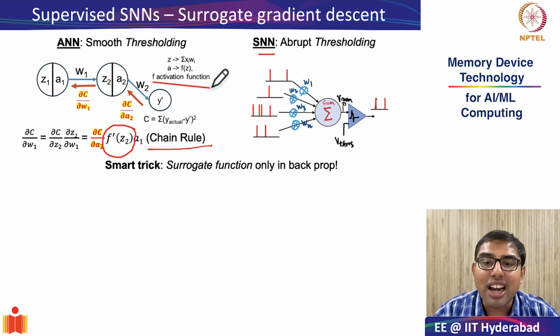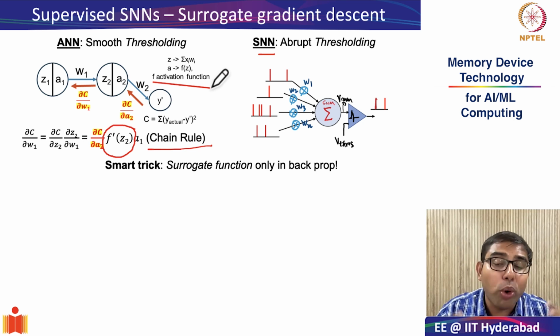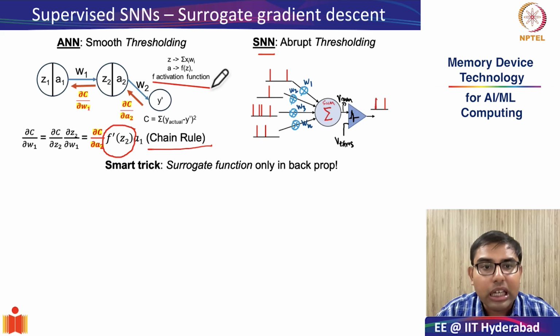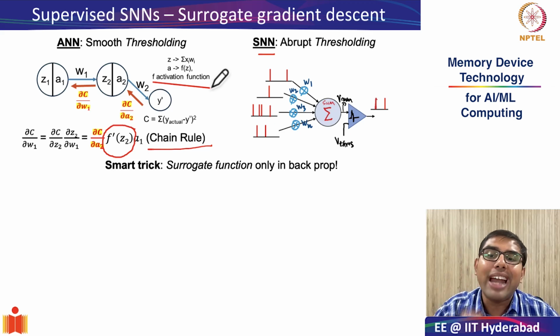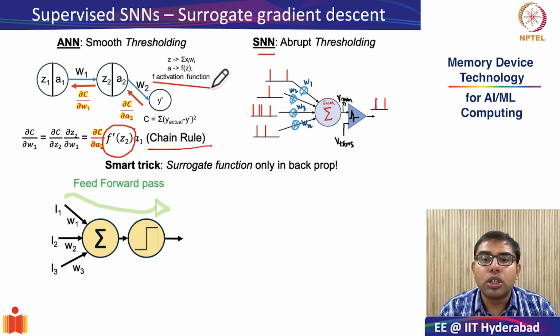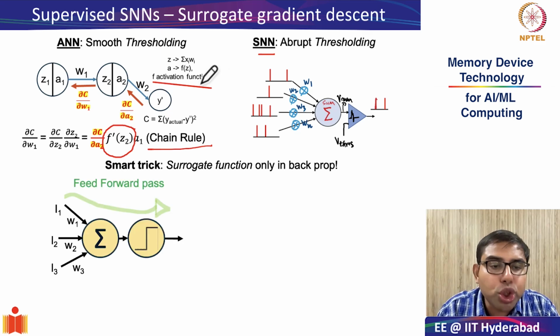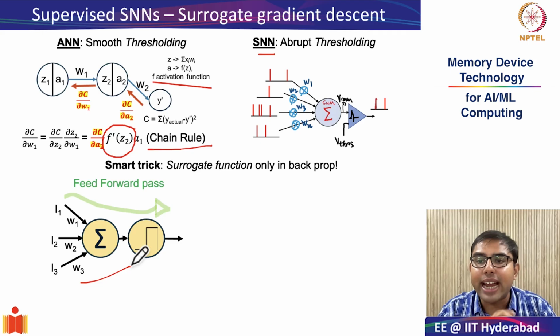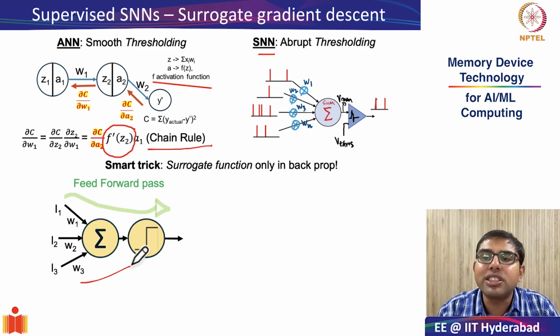And to solve this conundrum, researchers proposed something really interesting. It was a very smart trick, and this is known as the surrogate gradient approach. And the idea of the surrogate gradient approach is very neat. In the feed-forward pass, as shown on the left-hand side, the network behaves just like a real spiking neural network.